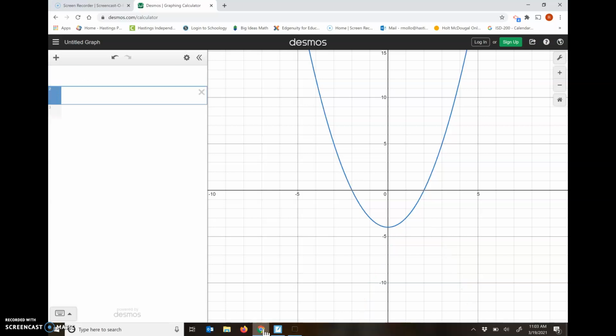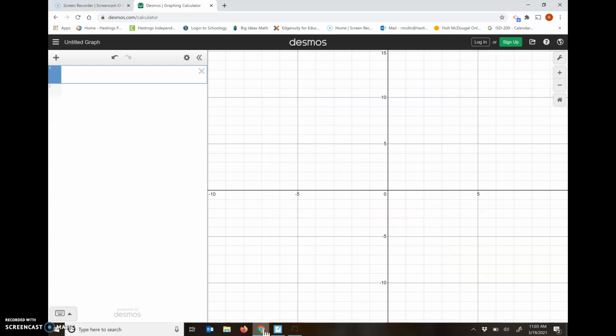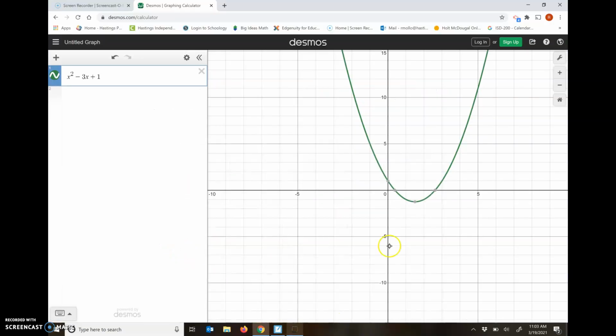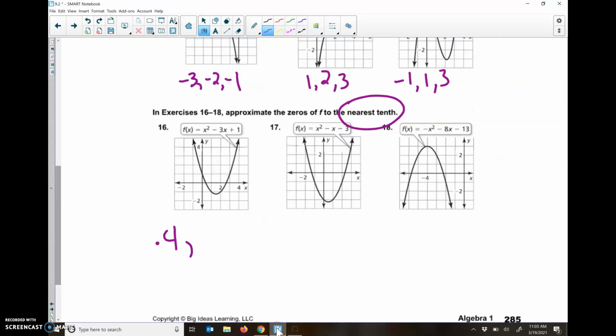So here it says x squared minus 3x plus 1. And then Desmos will highlight it, and you can see the intercepts are 0.382, but remember it wanted us to round to the nearest tenth. So 0.382 rounded to the nearest tenth is 0.4. And then the other intercept is 2.618. So that rounded to the nearest tenth is 2.6.